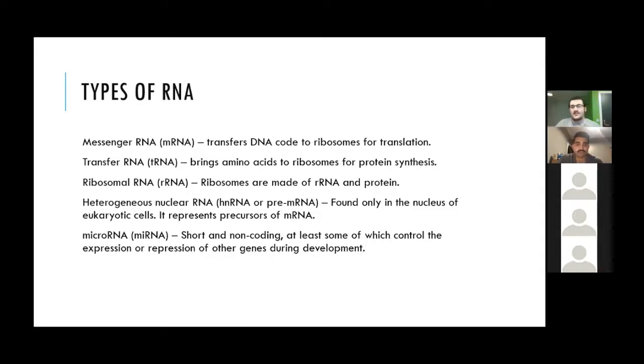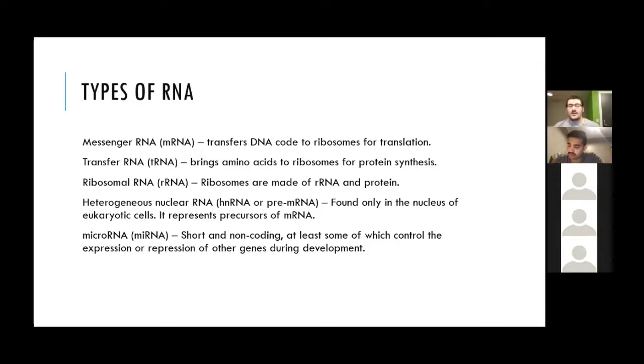So it basically brings the amino acid to the ribosome so that you can get the growing peptide chain. The ribosomal RNA: ribosomes are considered enzymes. They make the protein, and a part of the ribosome is made of protein, but the other part is made of ribosomal RNA, rRNA. So it's a mixture of both.